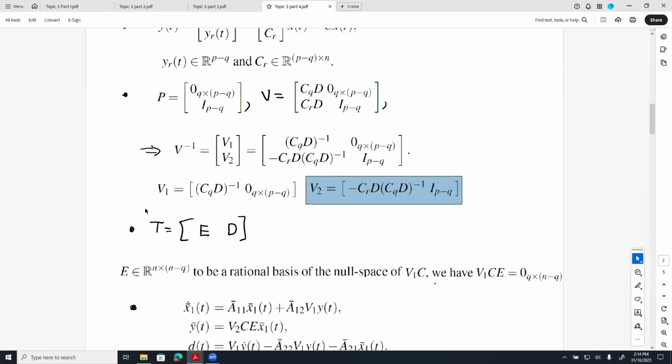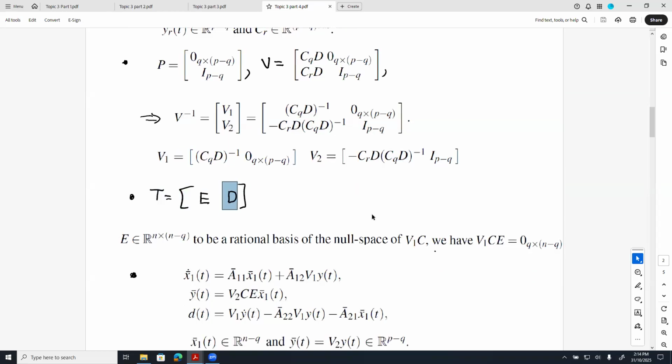Then we use this matrix T, which is the stack transformation matrix, and it contains D here. And just like what we did before, we pick this matrix E. Now, this dimension here is n minus q. It's not n minus 1 anymore because we include all columns of matrix D in there.